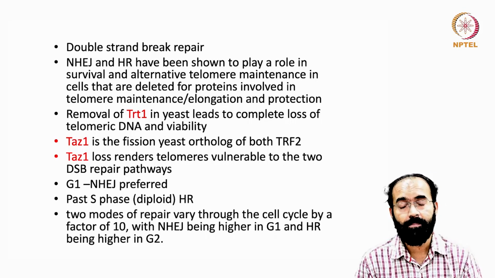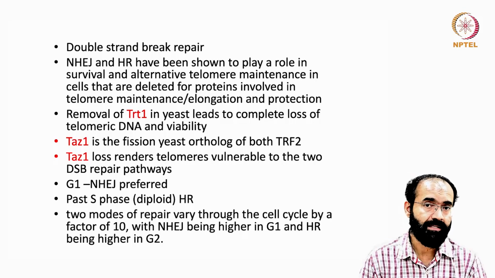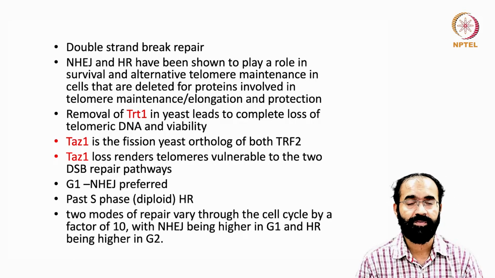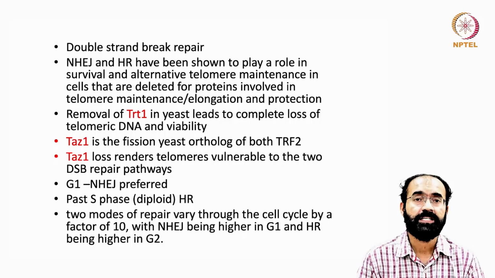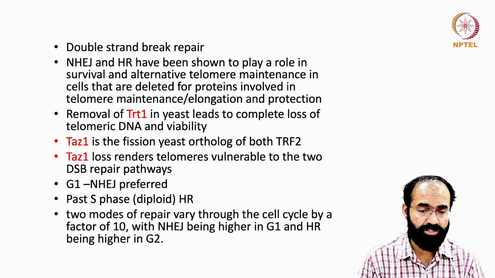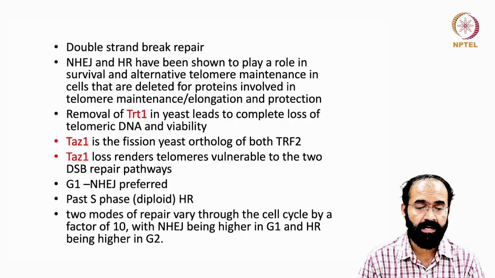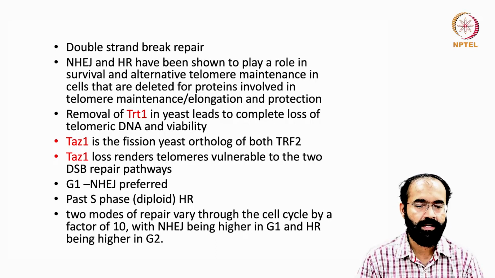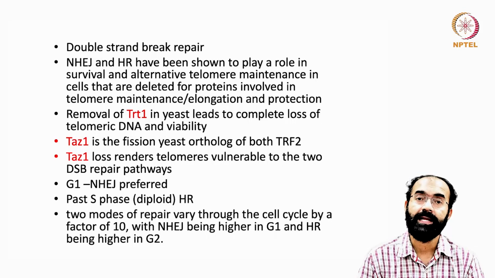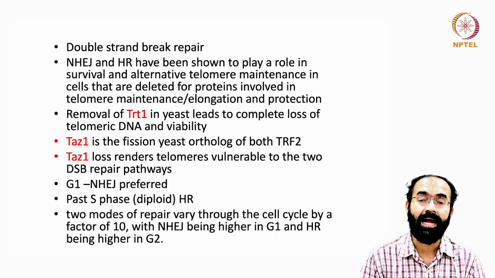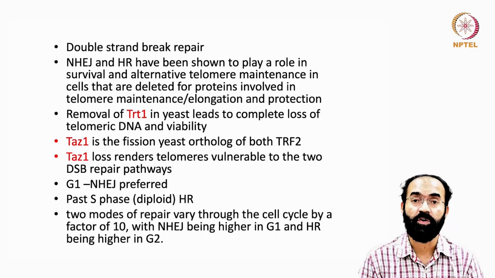But double strand break repair has to be one of the foremost needs of a cell if it has to lead a normal life. So non-homologous end joining and homologous recombination, NHEJ and HR, have been shown to play a role in the survival and alternative telomere maintenance in the cells that are deleted for proteins involved in telomere maintenance, elongation and its protection.